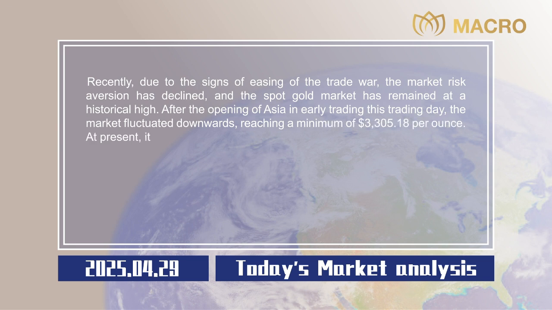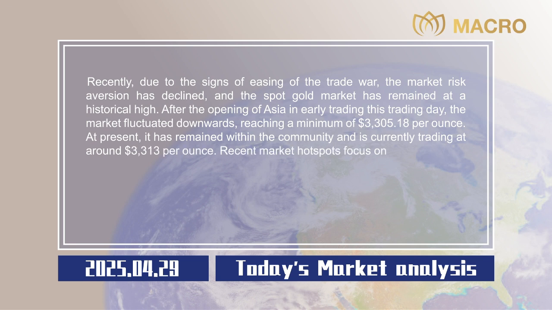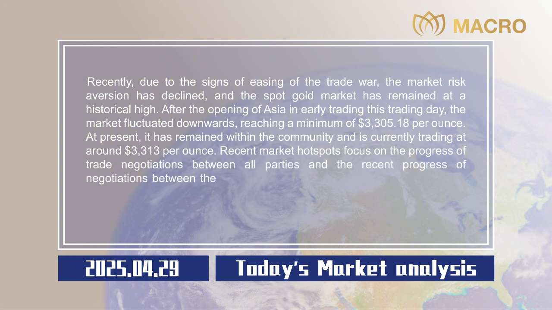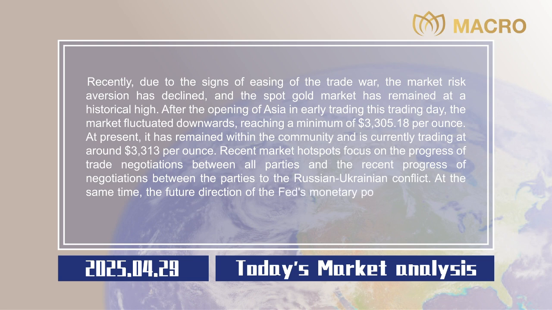At present, it is holding within the range and is currently trading at around $3,313 per ounce. Recent market hotspots focus on the progress of trade negotiations between all parties and the progress of negotiations between the parties to the Russian-Ukrainian conflict. At the same time, the future direction of the Fed's monetary policy will also affect the market direction.